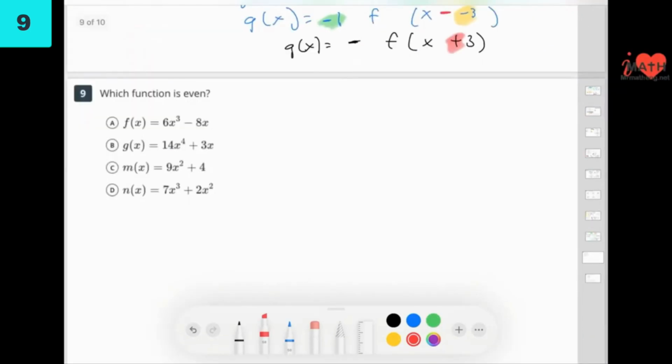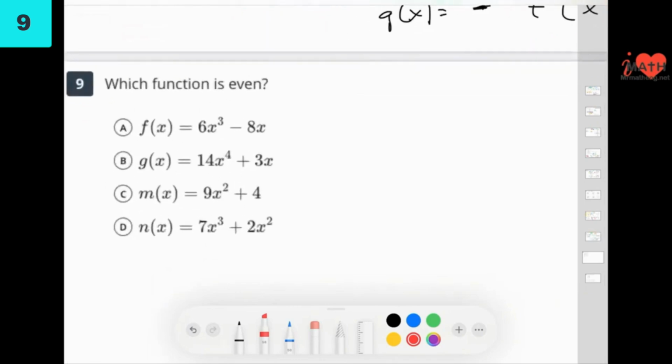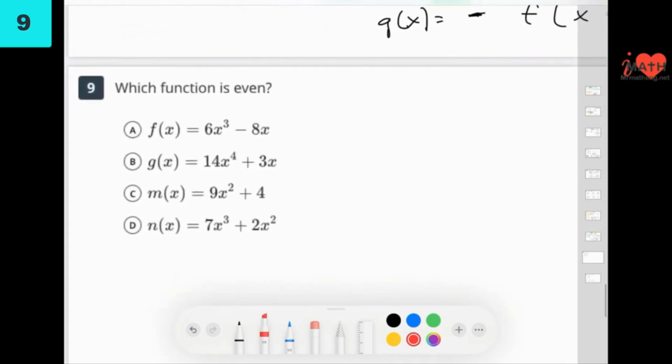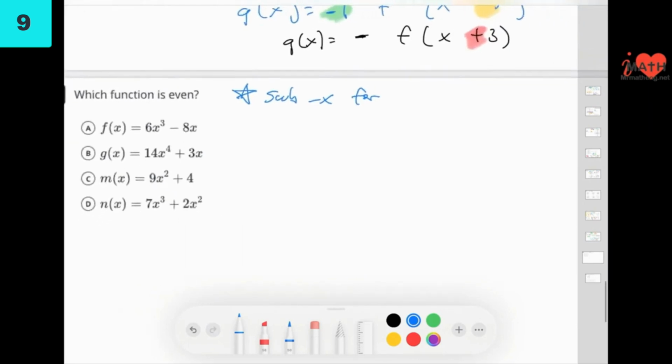Number 9, which function is even? All right, you could graph this, but you know, we're meant to do these without a graphing calculator, so I'm not going to graph those. And then this is the problem where it's the star, sub -x for every x.